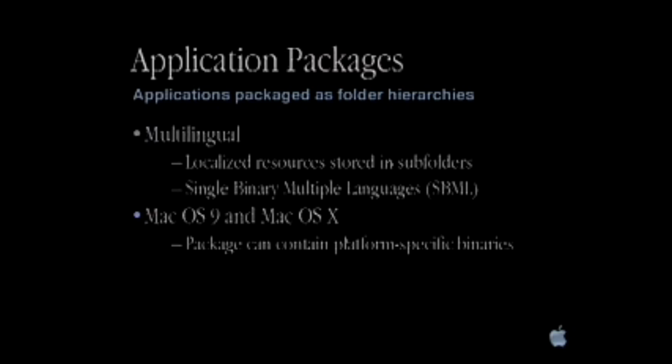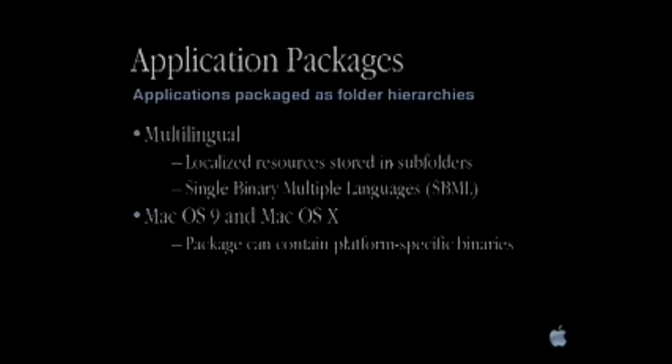It also allows us to have a single application that runs on both Mac OS 9 and Mac OS 10. As you know, you can write a single application, which is just a CFM application, a single binary that runs on both, and that can fit in this package.